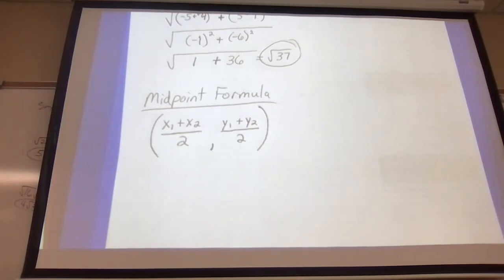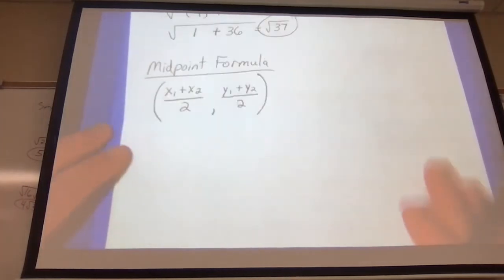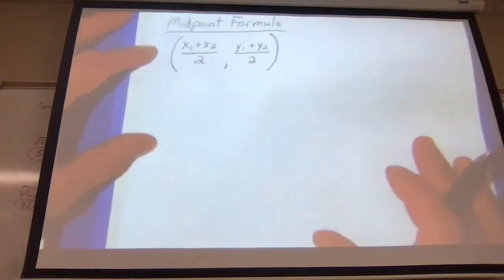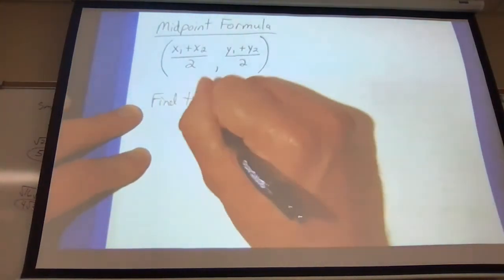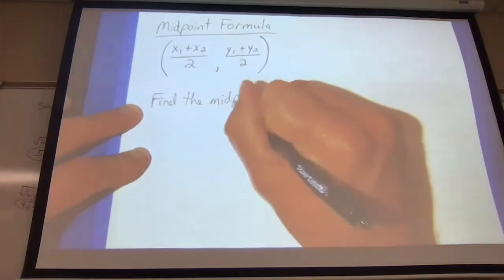Now, these are a little bit easier to do. So let's keep the formula where we can see it. And then directions will tell you to find the midpoint between the following.